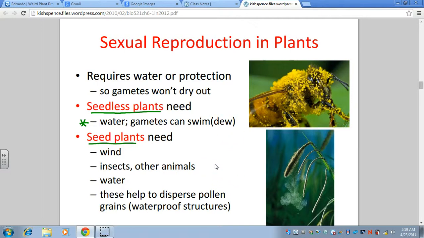Seed plants, those that produce seeds, need wind or insects or other animals or water in order to help disperse the pollen that they produce, and the pollen has sperm in them that will be able to get to the egg. But pollen offers the benefit of being waterproof, and it prevents them from drying out, protects the gametes.